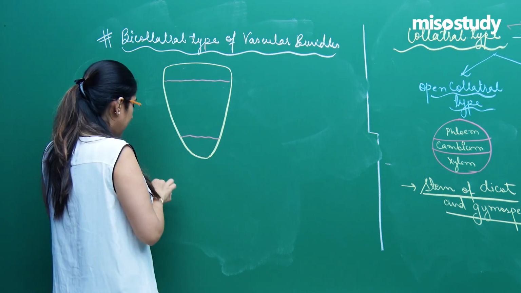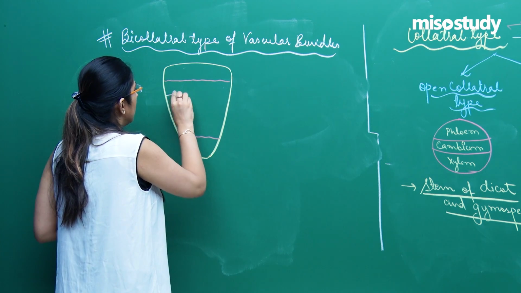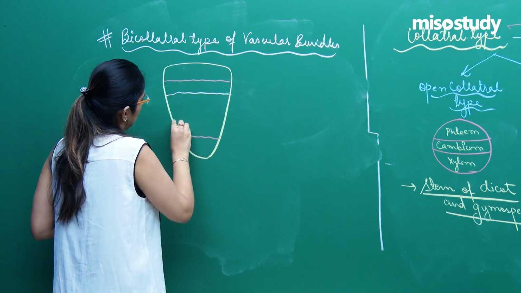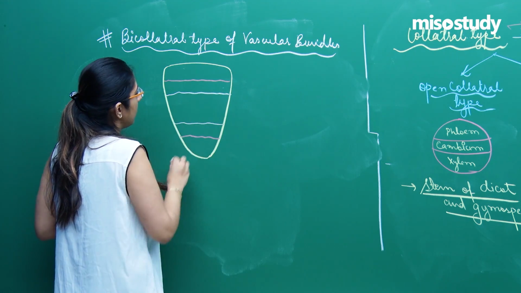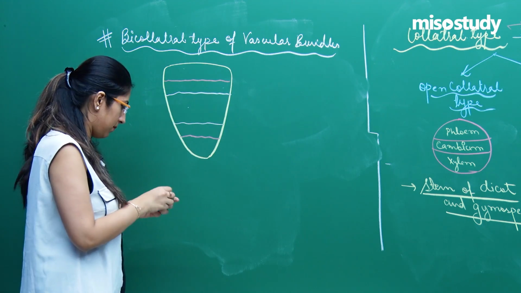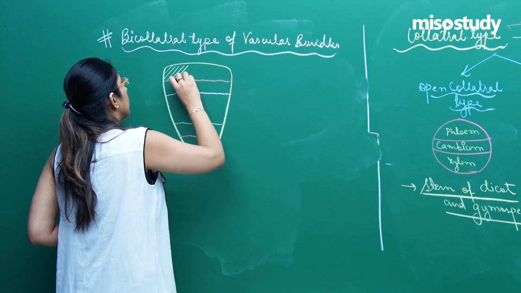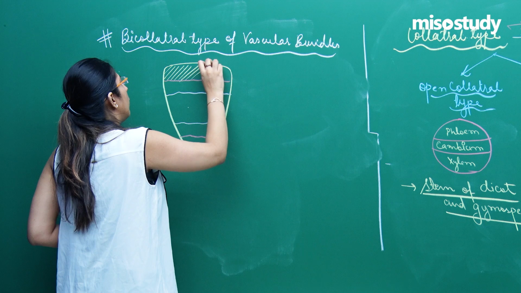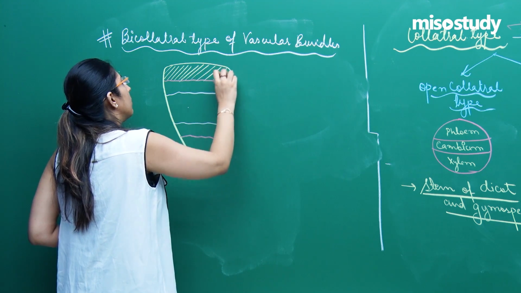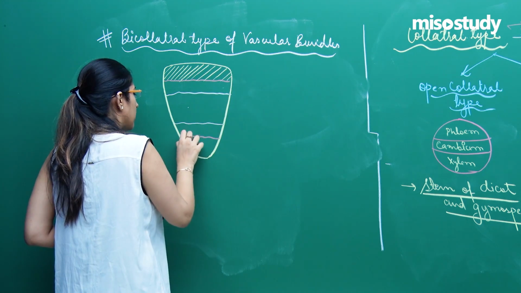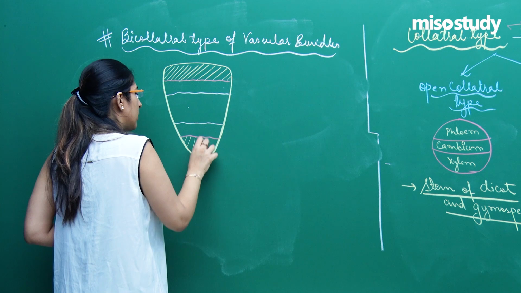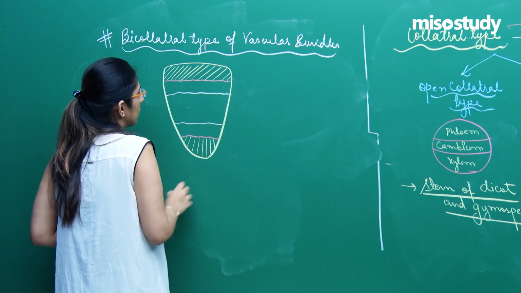Then we have another structure, cambium, and in between we have xylem. Out of the two cambium, the outermost cambium is functional, whereas the innermost is not functional.